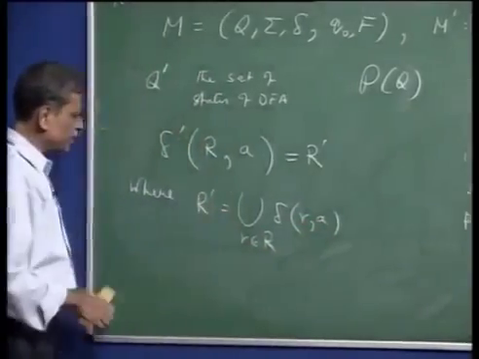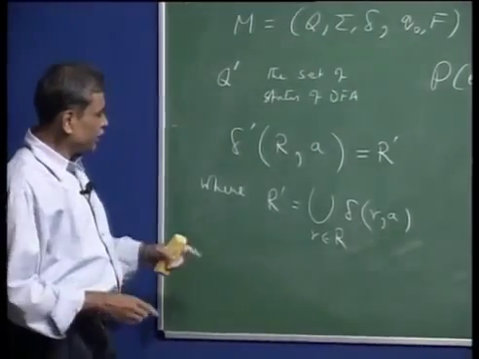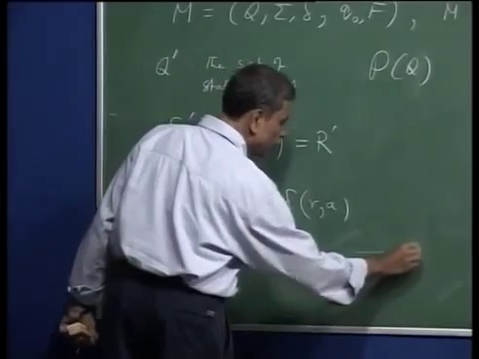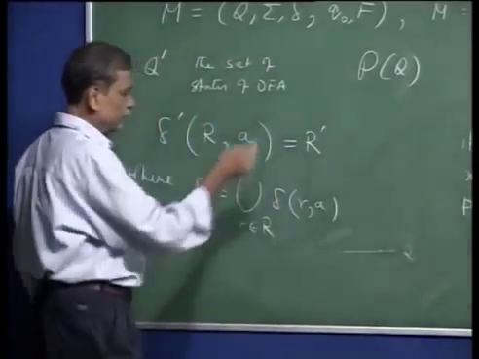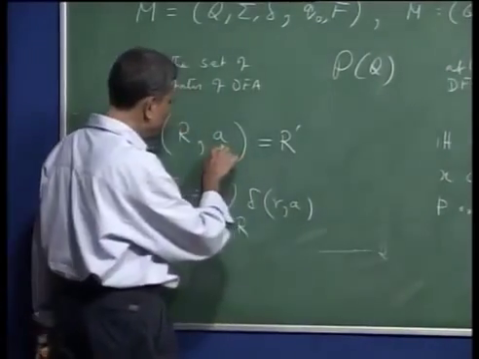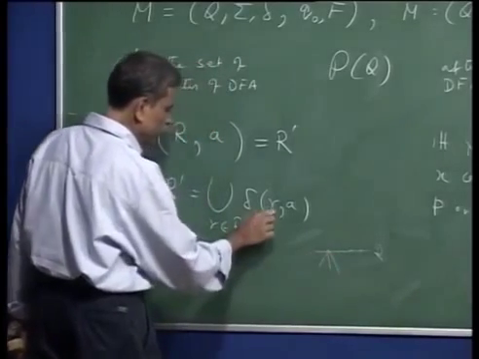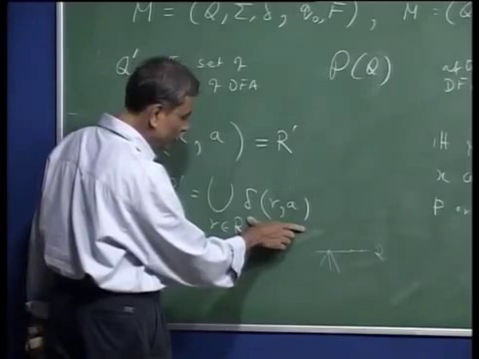we have discussed this idea before, but essentially what we are saying is that suppose the NFA is in one of these states r on reading some part of some string, and now a came. So, from this small r it can go to these states, the states the NFA can go to.